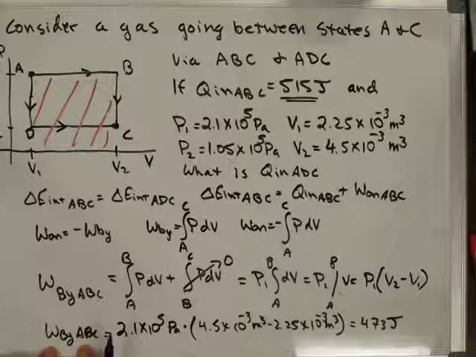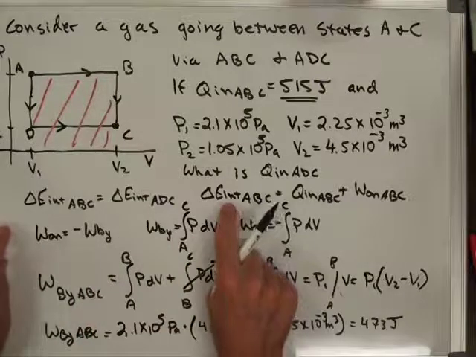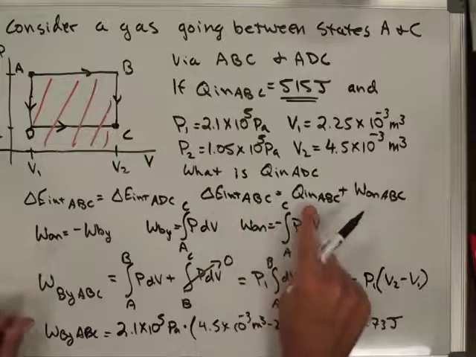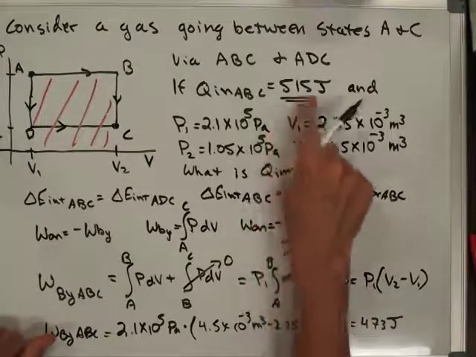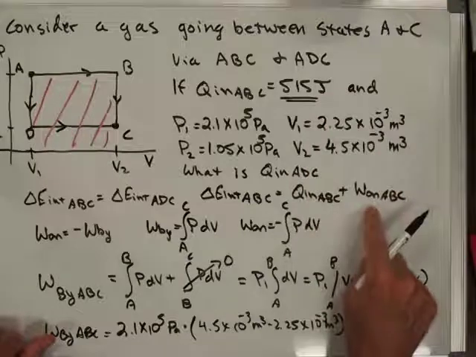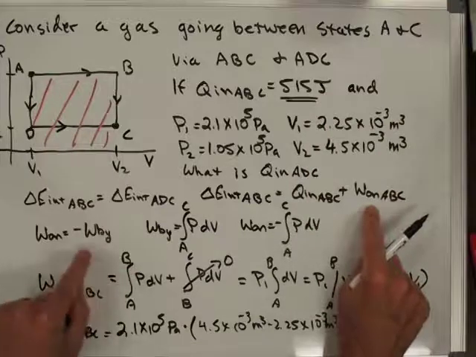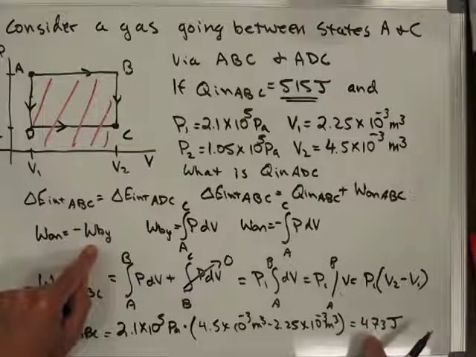And so I'm going to erase back up to here and reevaluate this internal energy. I know this Q in ABC is 515 joules, and I know the work on is minus the work by, and so the work on is minus 473 joules.